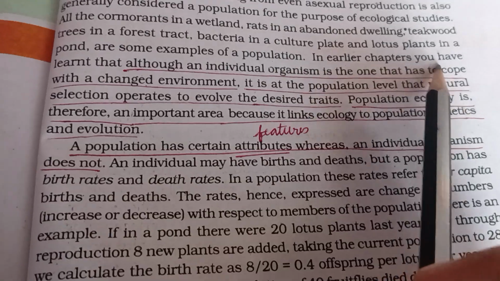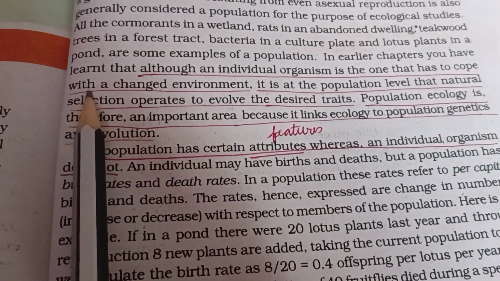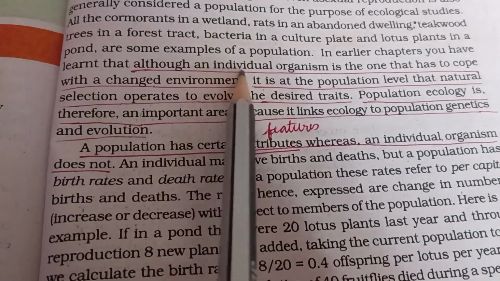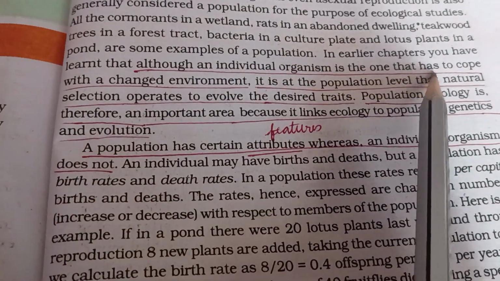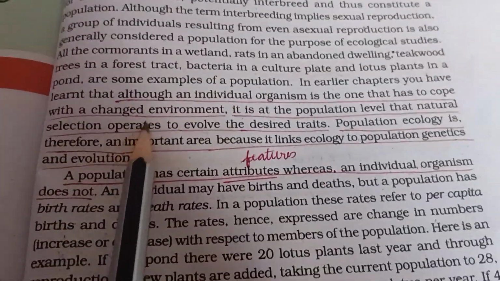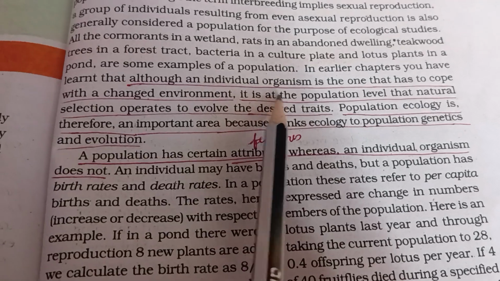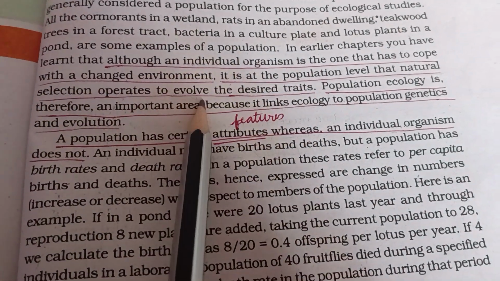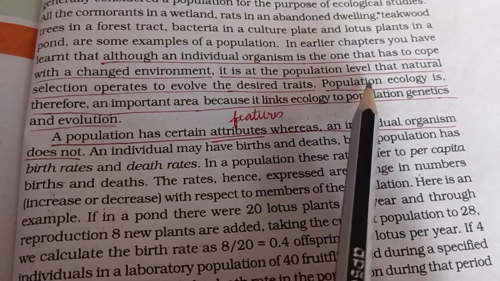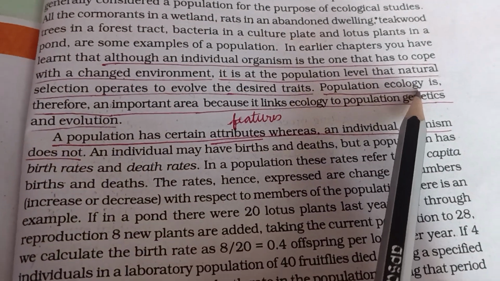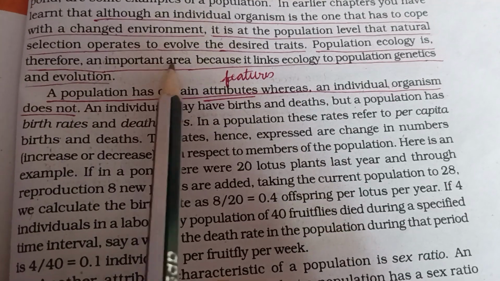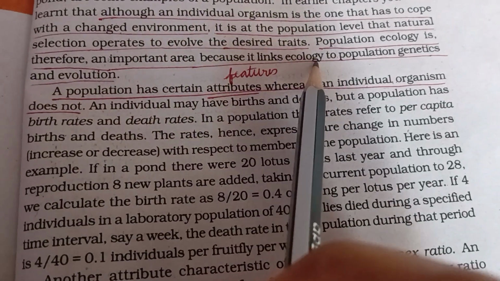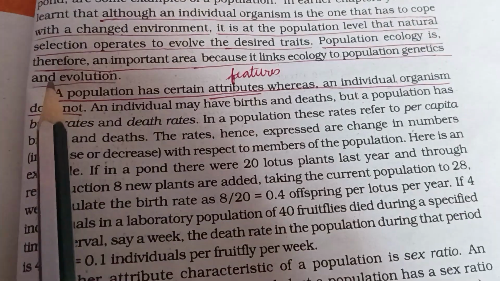In earlier chapters, you have learned that although an individual organism is the one that has to cope with a changed environment, it is at the population level that natural selection operates to evolve the desired traits. Population ecology is therefore an important area because it links ecology to population genetics and evolution.